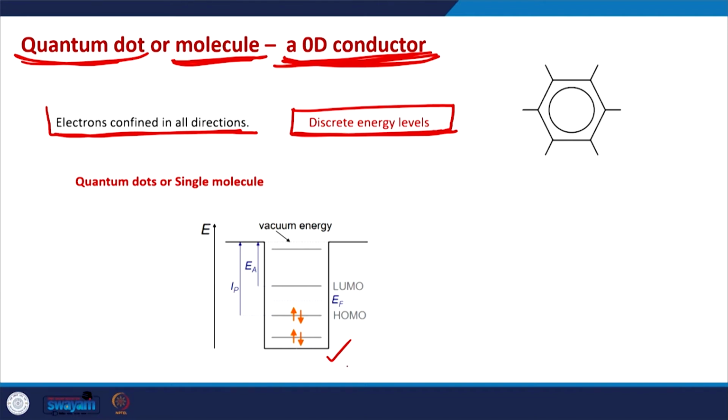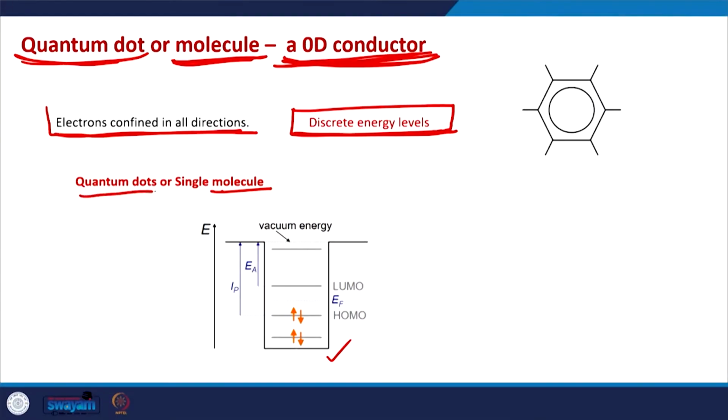So, if you recall, in an atom there are atomic orbitals in which electrons reside. Atomic orbitals are allowed electronic wave functions in the atom. Similarly, in a molecule or in a quantum dot, we have molecular orbitals, MOs.